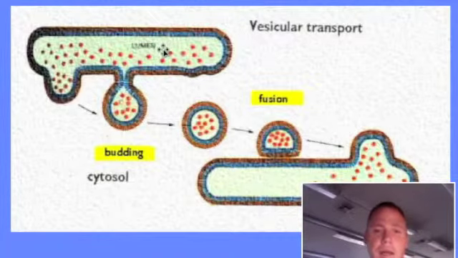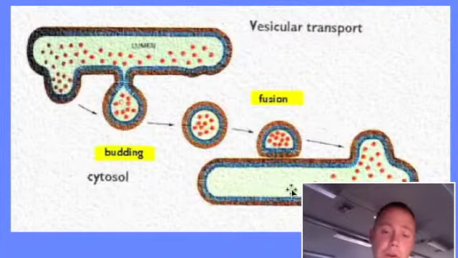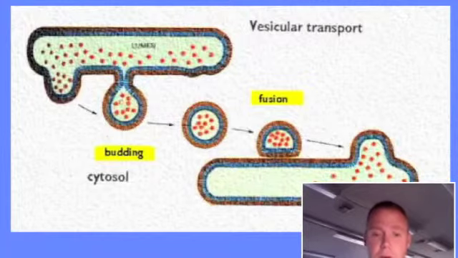But watch what happens. Here the inside's in, and the inside's in, and the inside's in, and when it joins up with a new sac, let's say within the Golgi apparatus, going from one layer to the next, the inside still joins with the inside. So that we're maintaining sort of a regularity this way.